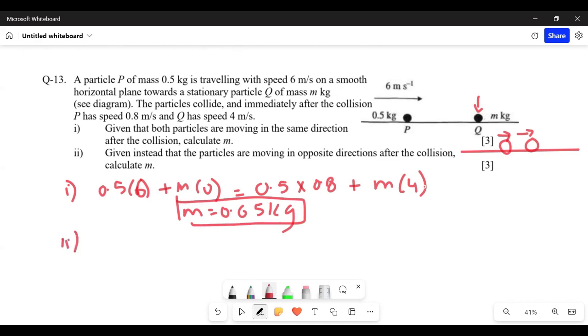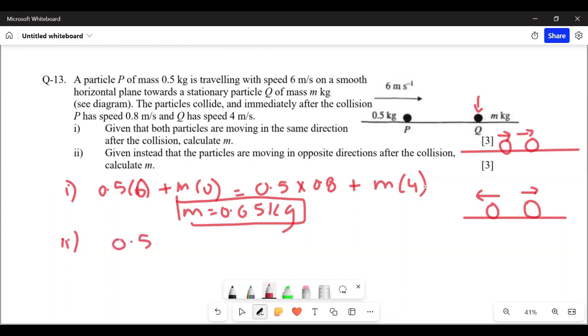Given that instead the particles are moving in opposite directions after the collision, find m. So that means one of the particles is moving in this direction and the other one is moving in this direction after collision. So the left hand side remains the same. This is for before collision. After collision, the first one changes its direction. Earlier it was moving right, which we represented as positive velocity.